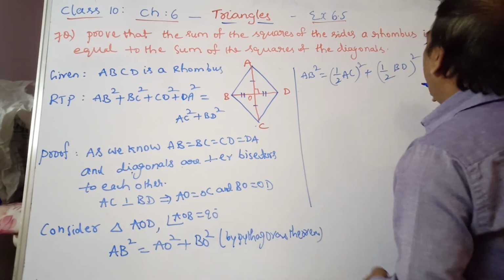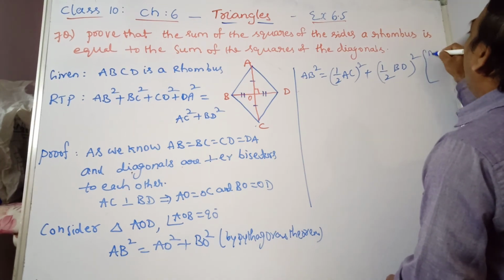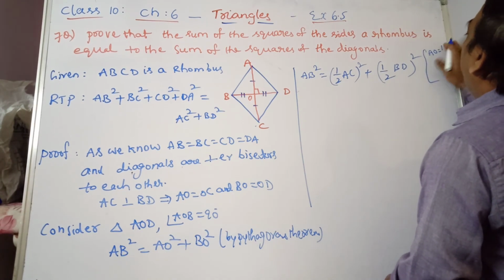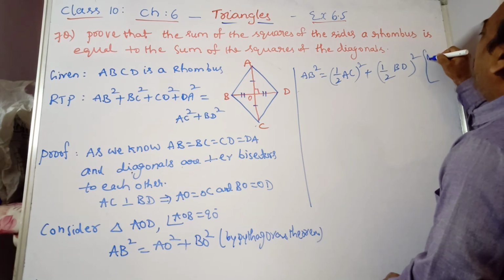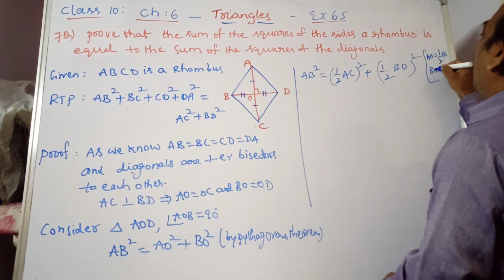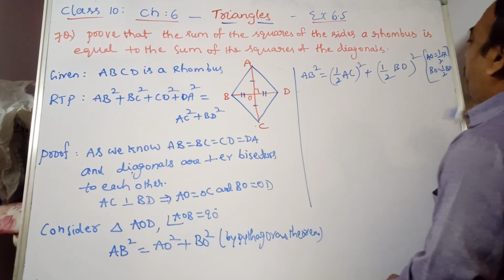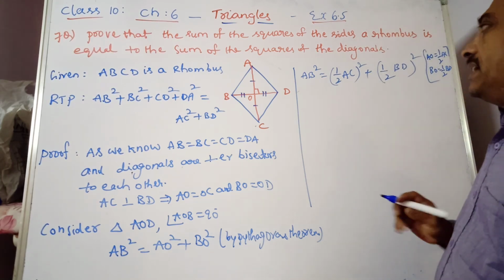As we know, AO is equal to half of AC and BO is equal to half of BD, because the diagonals are perpendicular bisectors.